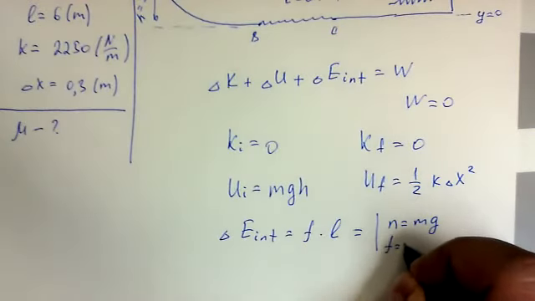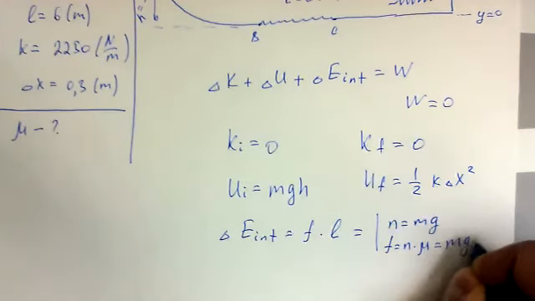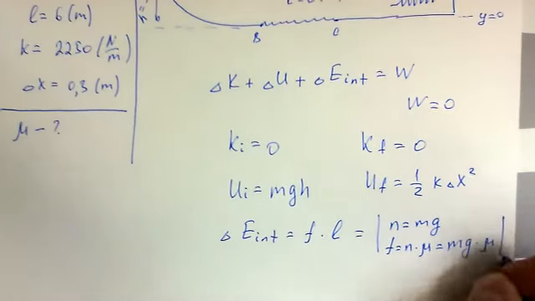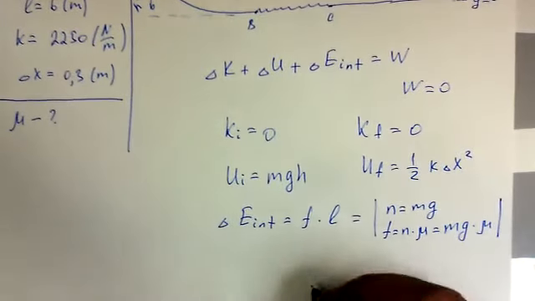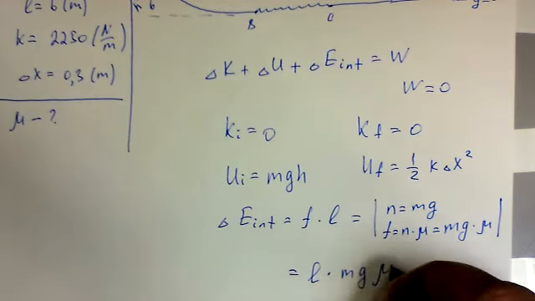That's why the friction force, which is the normal force times the coefficient of friction, would be equal to mg times mu. So the change of the internal energy would be the displacement L times mg mu.